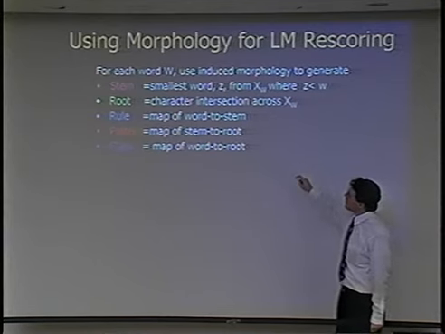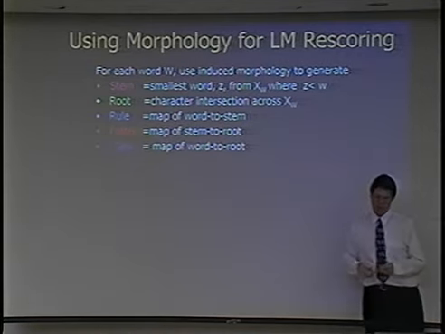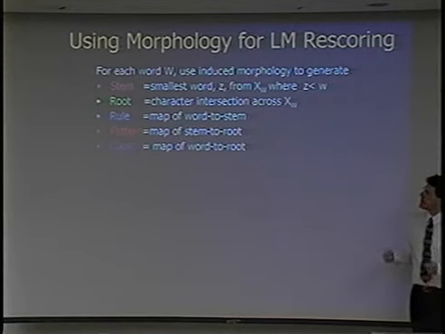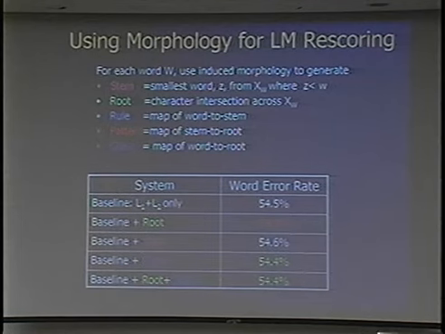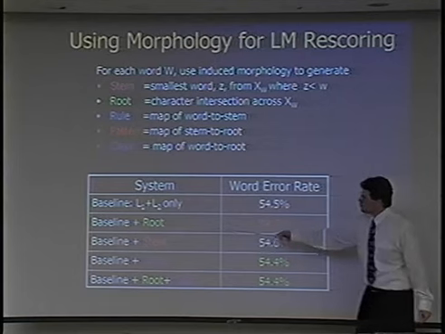And the rules, patterns, and classes are maps between words and stems and roots, and words and roots. Now, I didn't run language modeling rescoring on all of these. I ran it on those that expert knowledge seemed to show to be pretty good. So one of those is the root.